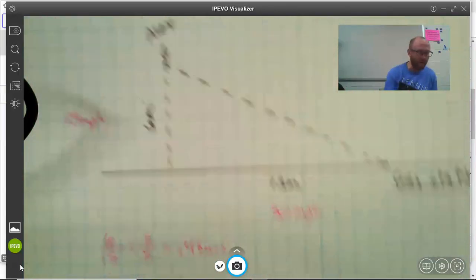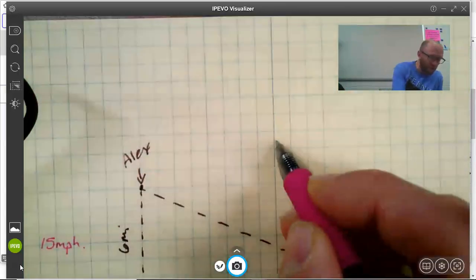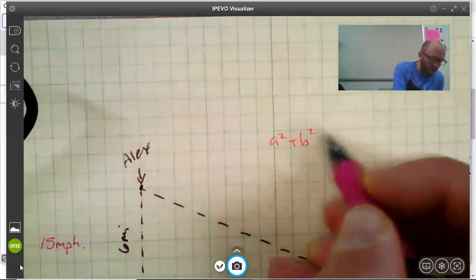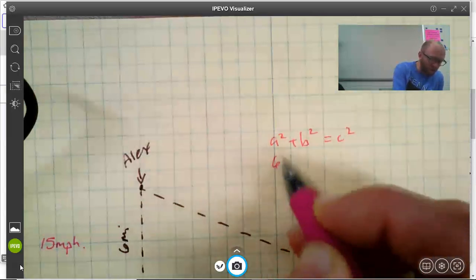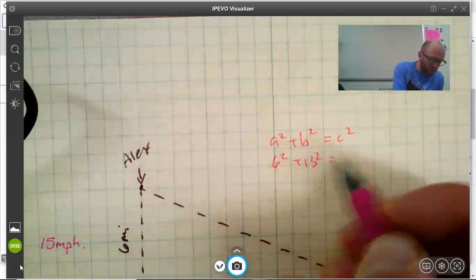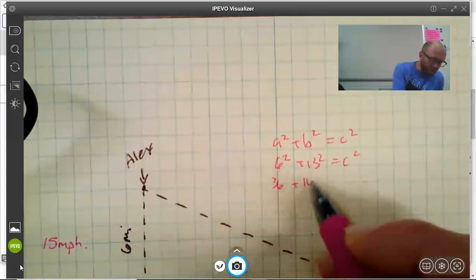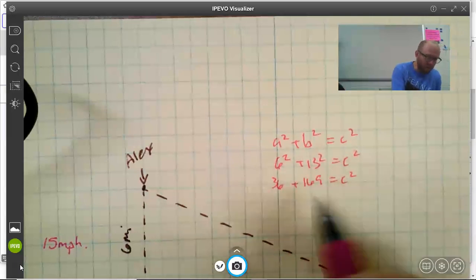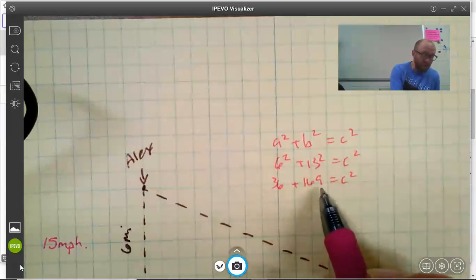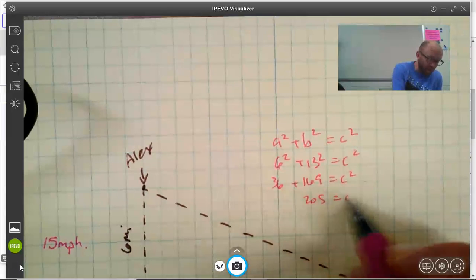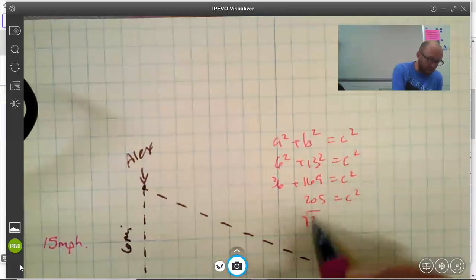So let's see what happens if he drives straight through the desert. First we have to figure out how far that is. a squared plus b squared equals c squared: 6 squared plus 13 squared equals c squared. 36 plus 169 is 205, equals c squared. So the square root of 205 is c.